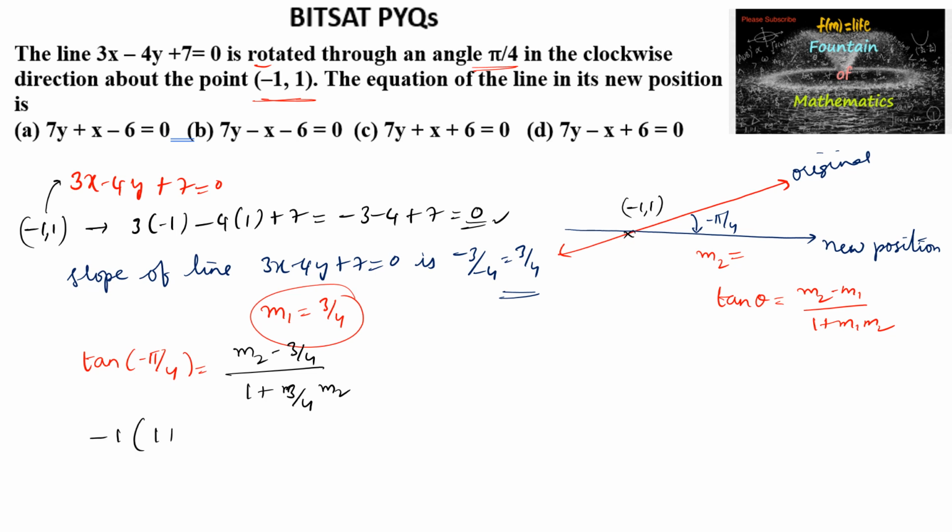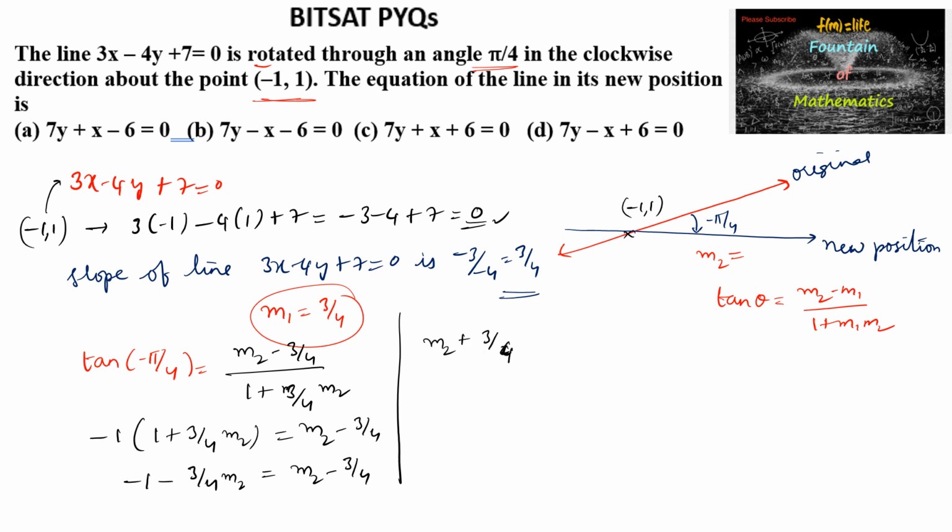So negative 1 times (1 plus 3 upon 4 m2) is equal to m2 minus 3 upon 4, that is minus 1 minus 3 upon 4 m2 is equal to m2 minus 3 upon 4, and on simplifying we can write m2 plus 3 upon 4 m2 is equal to minus 1 plus 3 upon 4. So we can write 1 plus 3 upon 4 is 7 upon 4 times m2, which is equal to minus 4 plus 3, that is negative 1 upon 4. So we can write m2 is equal to minus 1 by 7.